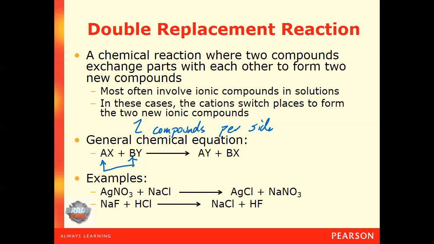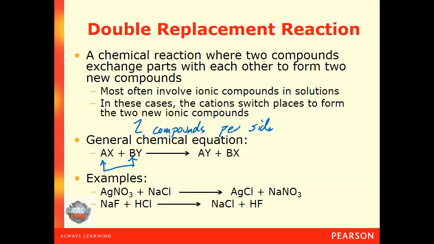So double replacement reactions, there's a couple of things that we could and should know about them. First of all, we can recognize them by the fact that we see the switching of places. We also should recognize them as double replacement because there will be two ionic compounds on each side.